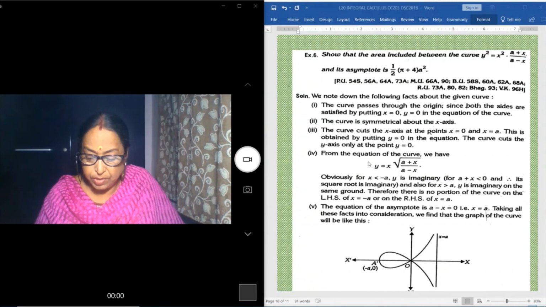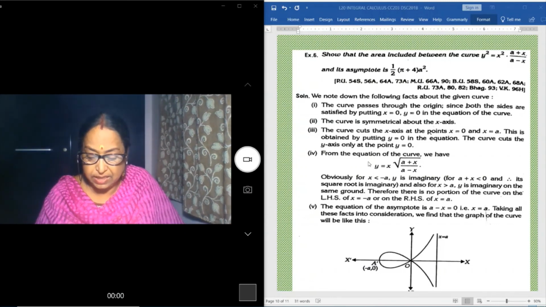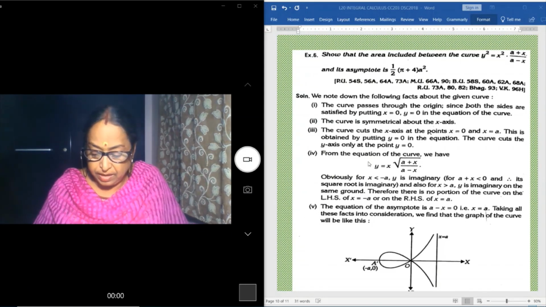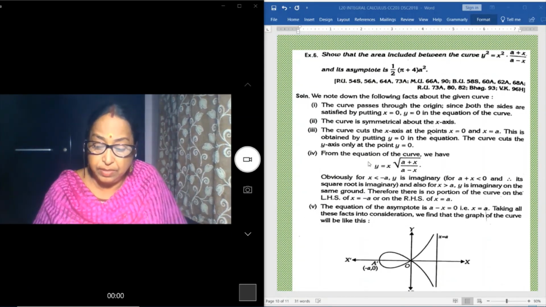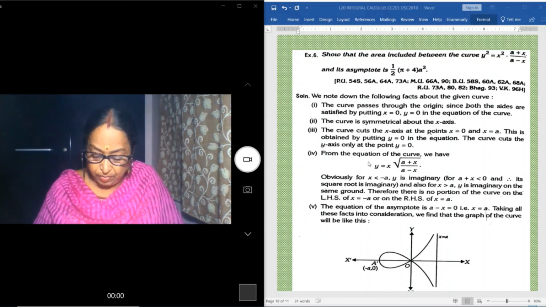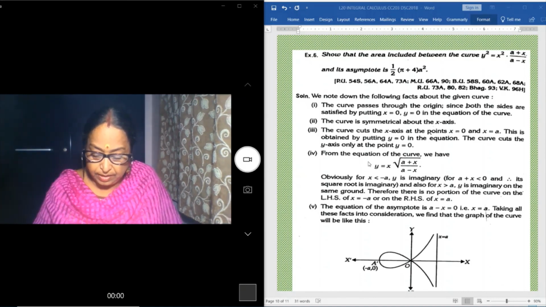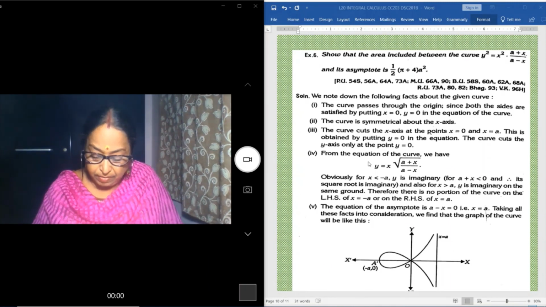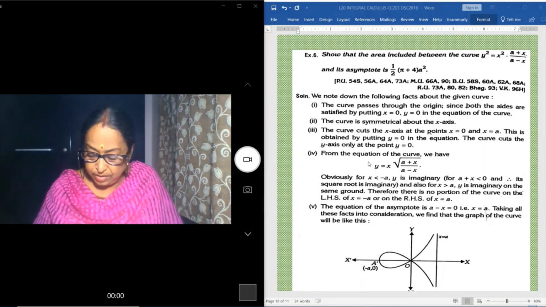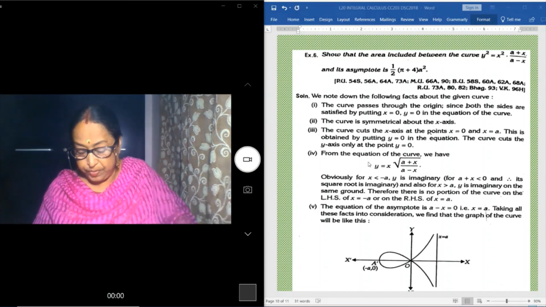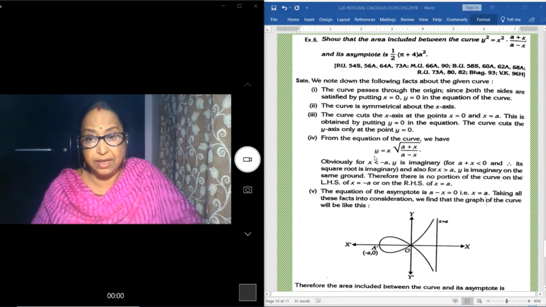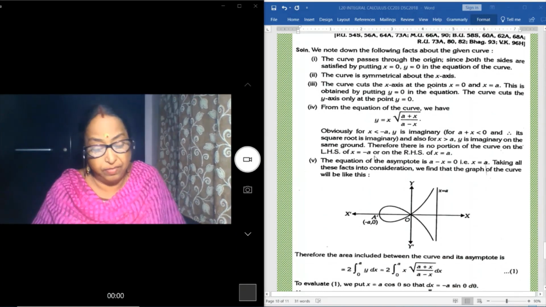So 2 times, because on the x-axis you get 2 similar curves. So 2 times, y is equal to x into root of a plus x divided by a minus x into dx. Now integrating it, taking the limits, you can find the value.